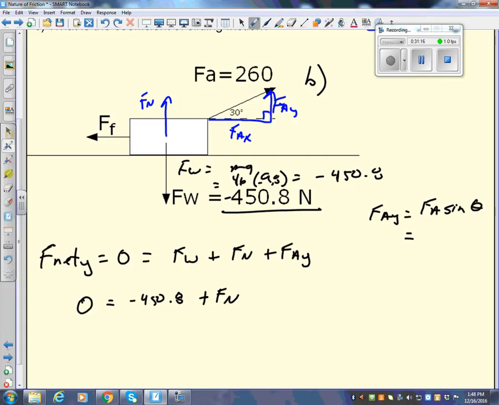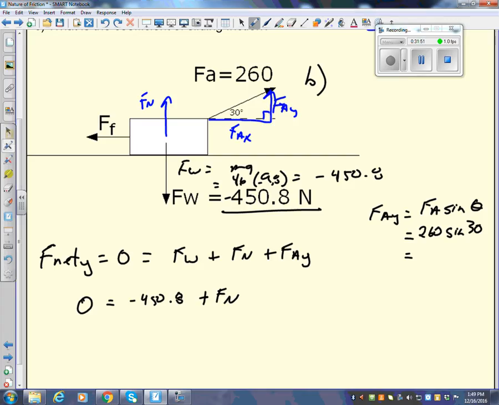So this is going to be 260 sine 30, right? 260 times sine 30. 130.